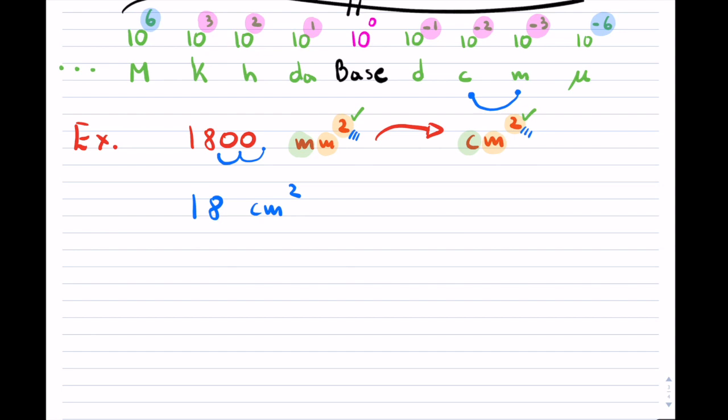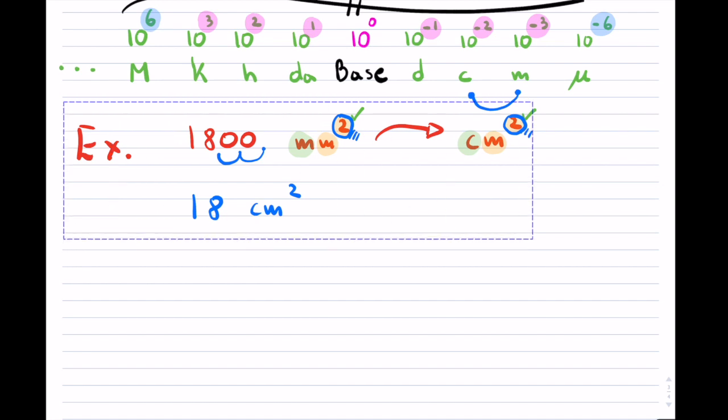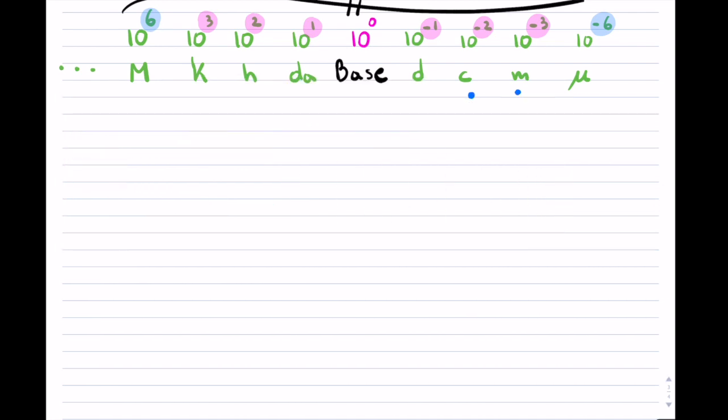Again, because you are squaring, each of the jumps is 2 spots over. So be careful with that. Now, what if, for instance, I would give you volume, which is cubed.